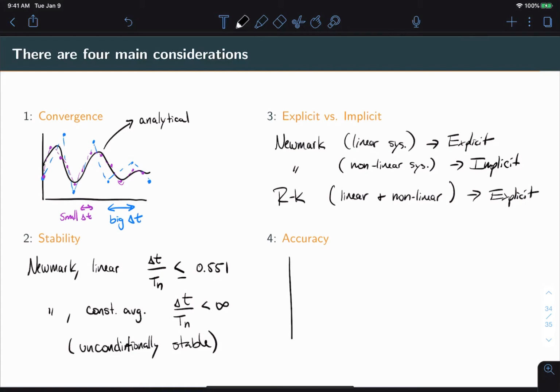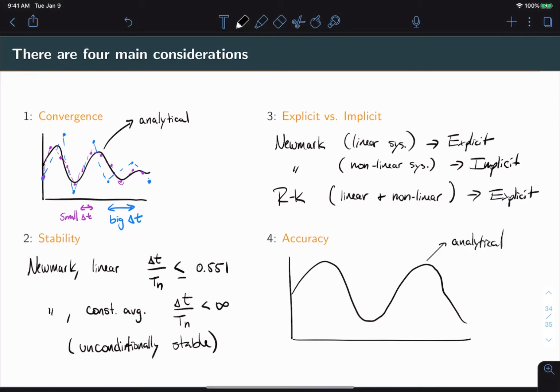Let's again take a look at what an analytical solution would look like and possible deviations from accuracy. One of these is that the period could elongate or shorten.